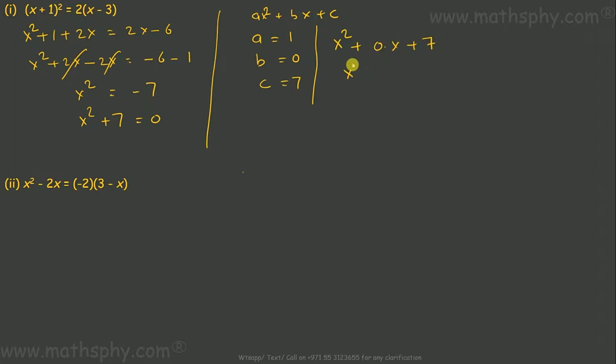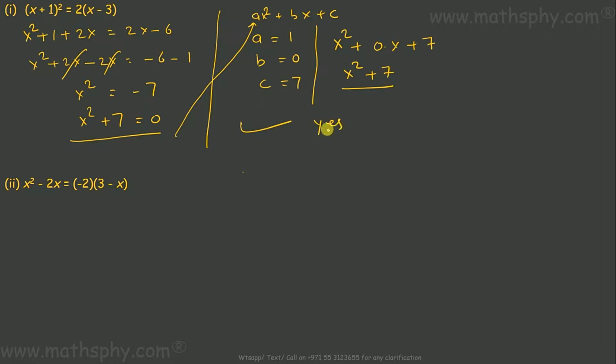So this can be x squared plus 0 into x is 0, x squared plus 7. So after solving this equation, this comes to x squared plus 7 equals to 0, which is in the format of ax squared plus bx plus c. It means this is a quadratic equation.